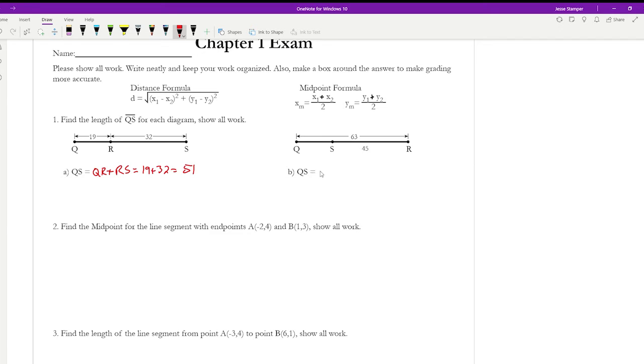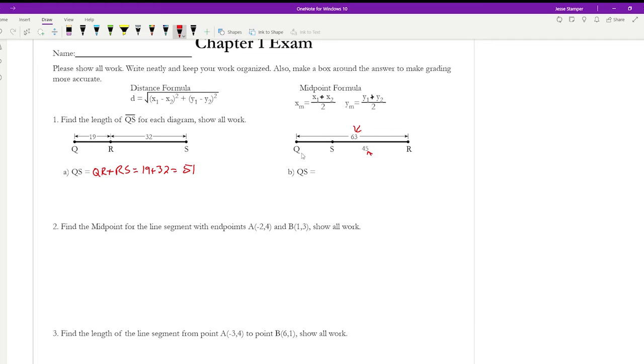Now for B, it's the length of QS, but I didn't give you QS as the whole thing. I gave you QS as just a piece of it. I gave you QR is the whole line segment, and that's the 63. I gave you from S to R, and that's 45.